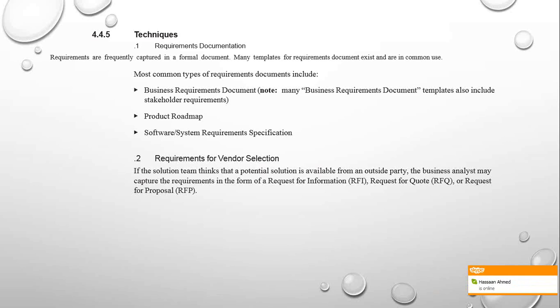Then we have requirements for vendor selection. If the solution team thinks that a potential solution is available from an outside party, the business analyst may capture the requirement in the form of a request for information, request for quote, or request for proposal. These are different terms, and I will elaborate on where exactly each is used. Let's say the company is trying to engage some vendor in their day-to-day activity.